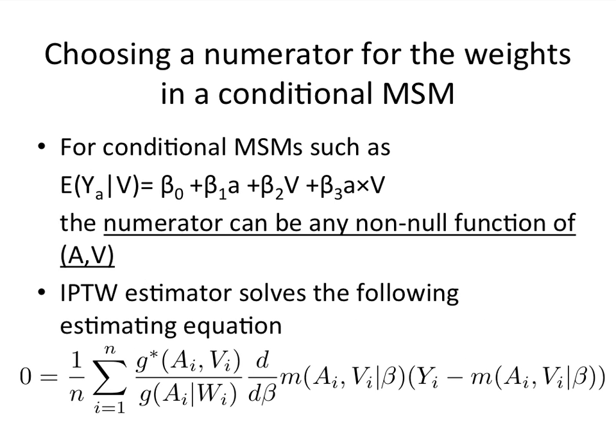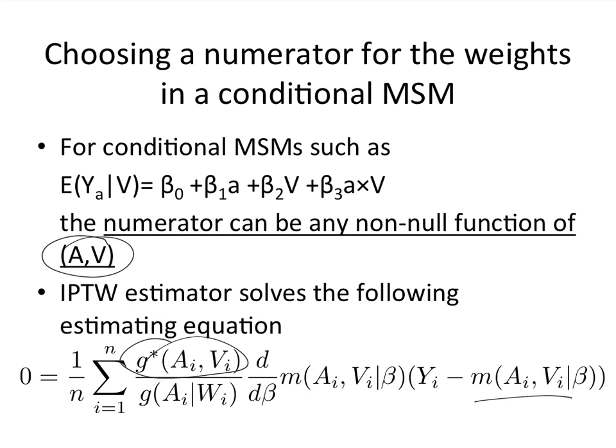For this, you can use a different numerator, and it should be any non-null function of A and V if you want a stabilized weight. Same issues apply to the weighting and whether this model is the truth versus a projection. So that doesn't change here, it's the same. And so as opposed to g*(A), it's g*(A,V) that becomes the numerator in this weight function.